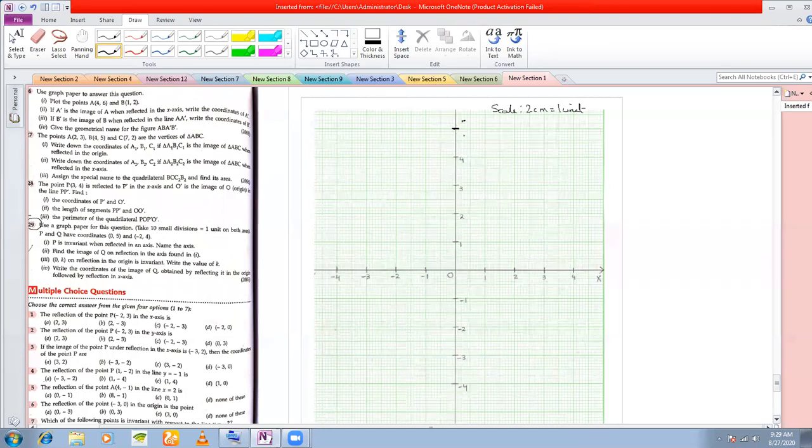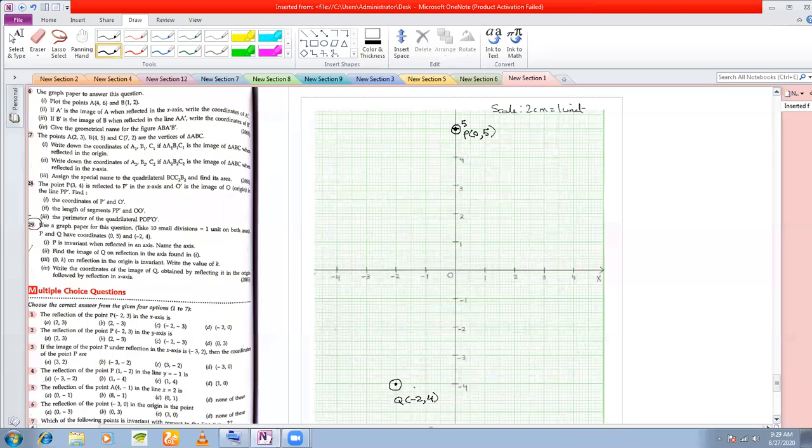So P, this point is here. P is 0, 5. And Q is the point -2, 4, and -2, 4 will lie somewhere over here. So this is my point Q, -2, 4.